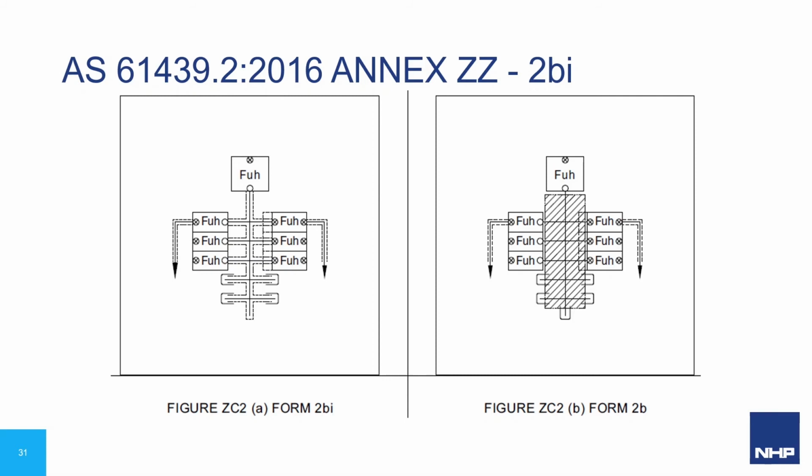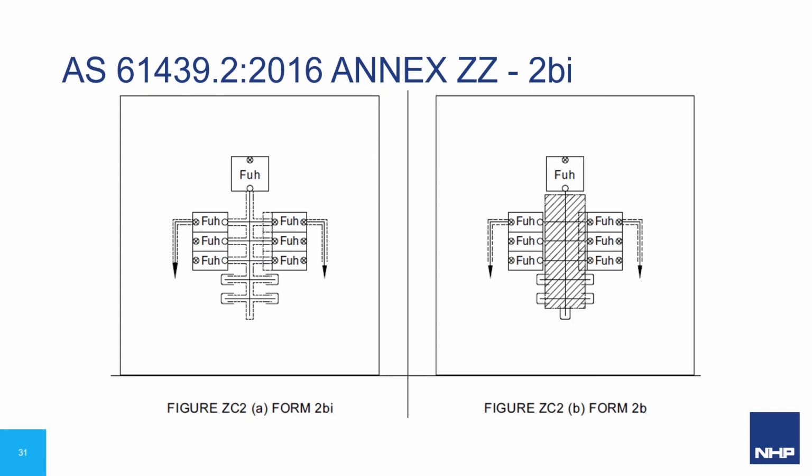Form 2BI requires that the bus bar be separated from the functional units and the terminals for outgoing conductors. It shows the terminals for external conductors connected to the integral terminal of the functional unit. There is no housing option, or 2BIH, as separation of functional units from each other is not required.